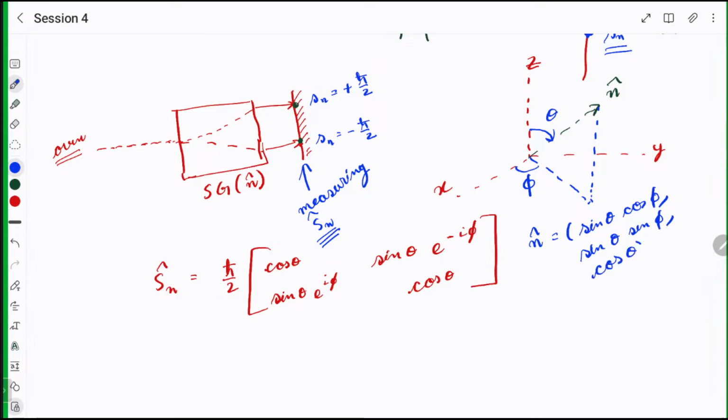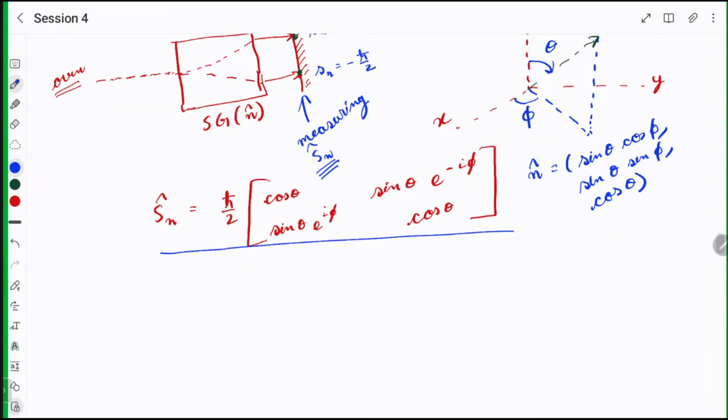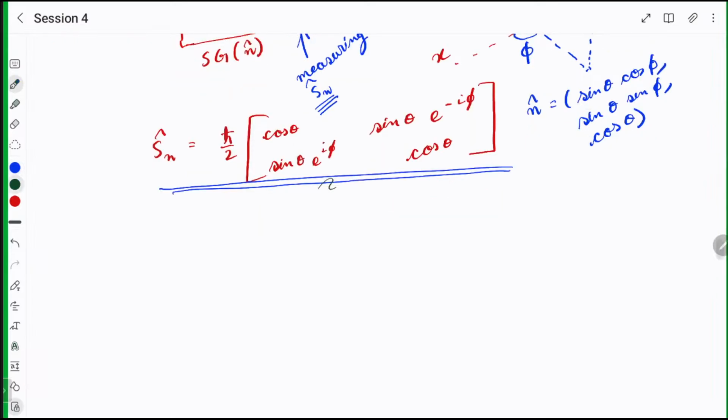Now, you might be thinking, how did I dream up this operator? You can actually derive it, but the derivation is beyond the scope of these tutorial sessions.